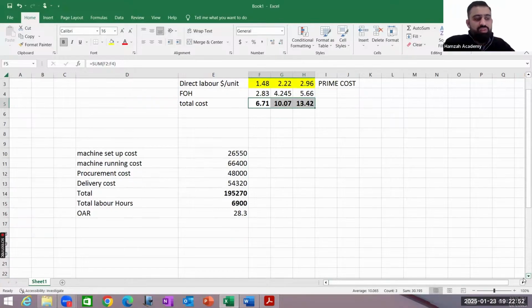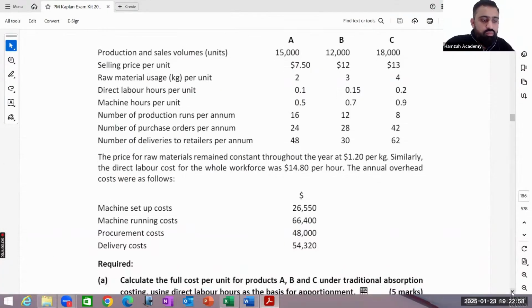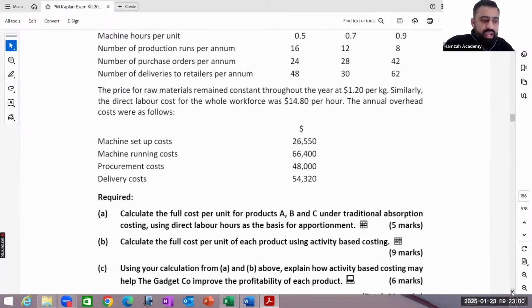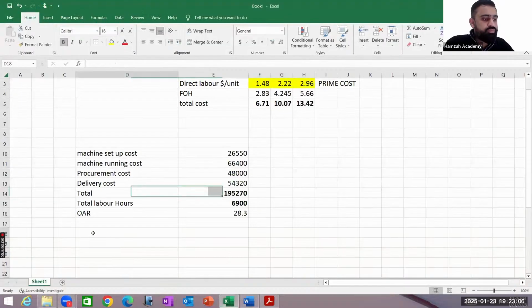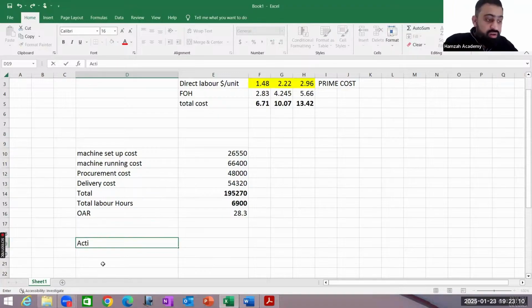Now, the same thing we will do using the activity-based costing system. The activity-based costing is an alternative modern approach to absorb the factory overhead.